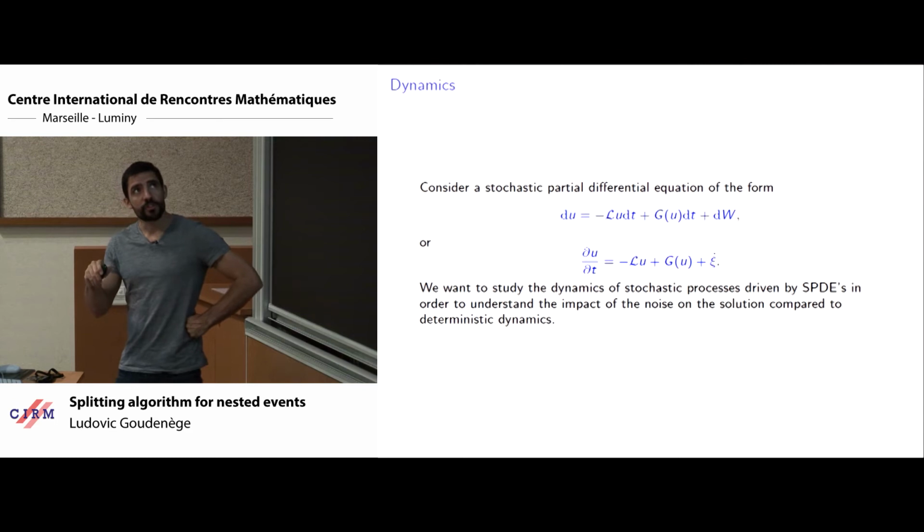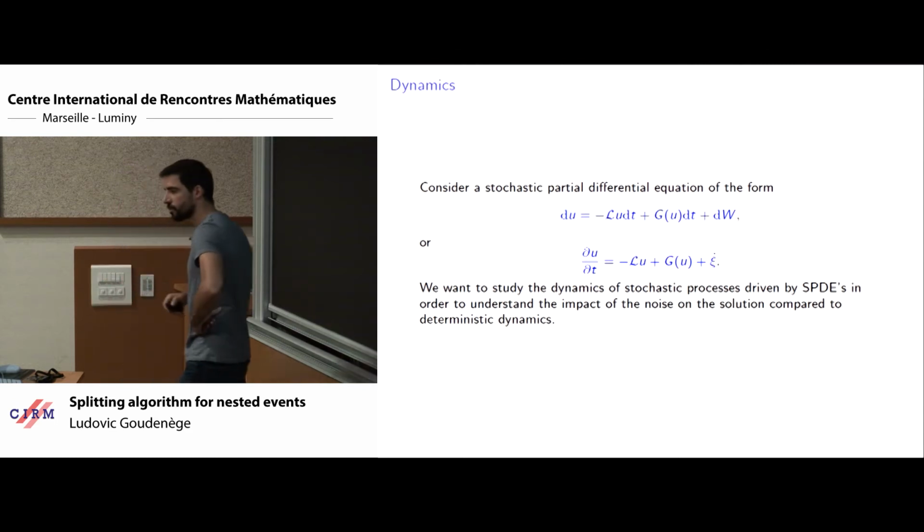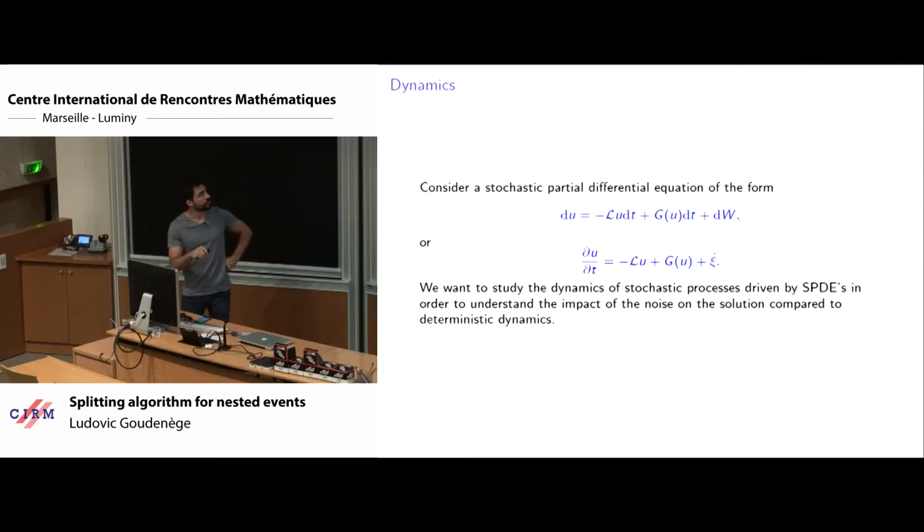Of course, if you have some stochastic partial differential equation with some linear part and some Brownian excitation, you want to study the dynamic of the stochastic process driven by some stochastic PDEs or PDEs with some stochastic coefficient. And you want to understand the impact of the noise. So in fact, when the noise is very small, you are very close to the deterministic behavior.